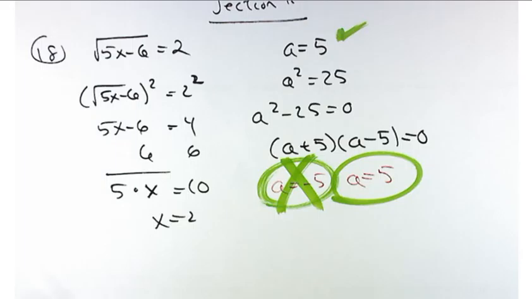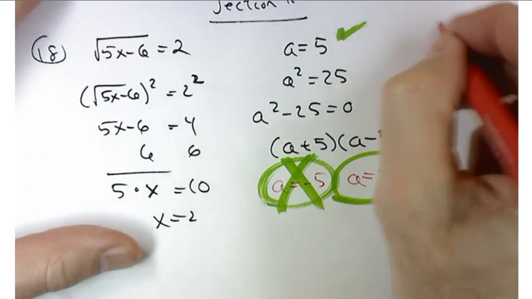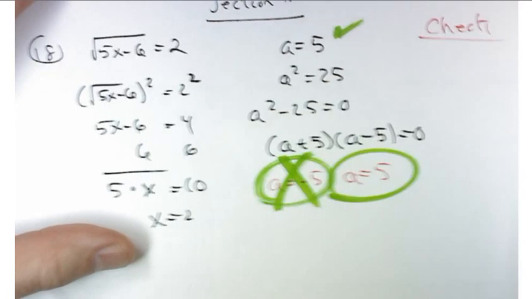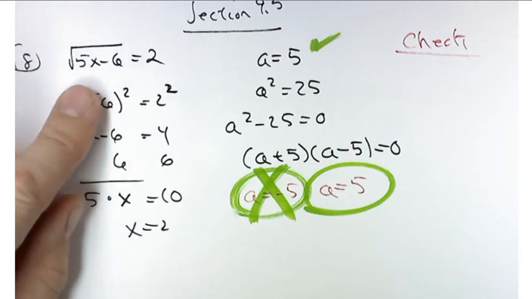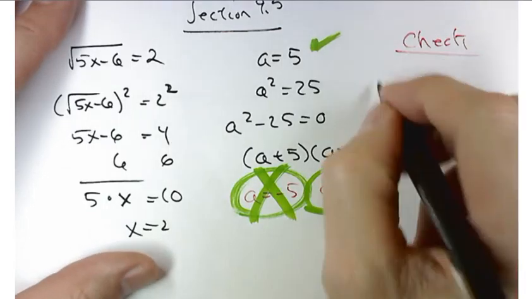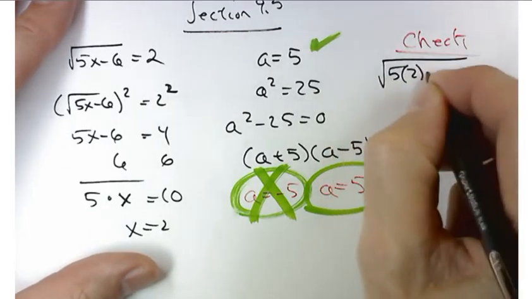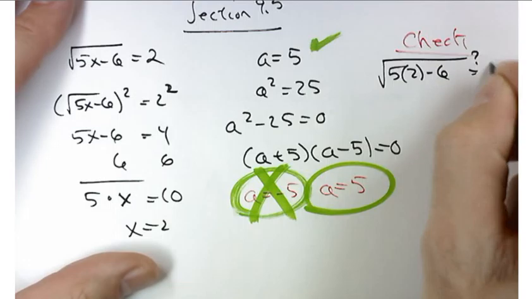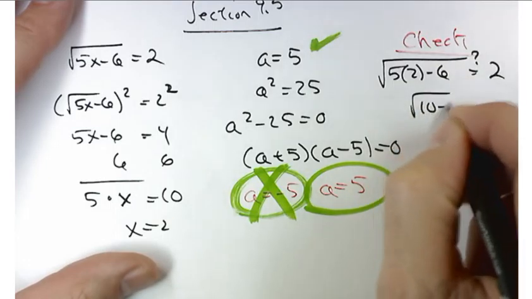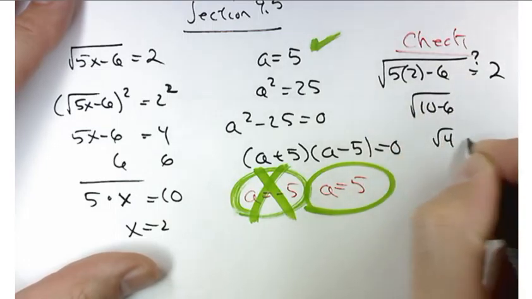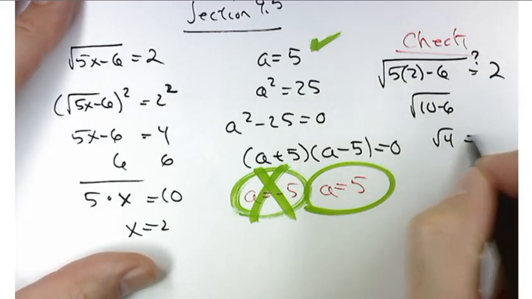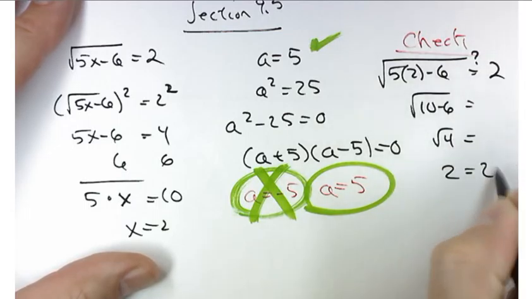So let's check it. If I put in a 2 here, I get the square root of 5 times 2 minus 6. Does that equal 2? Well, 10 minus 6, the square root of 10 minus 6 is the square root of 4, and the square root of 4 is 2.